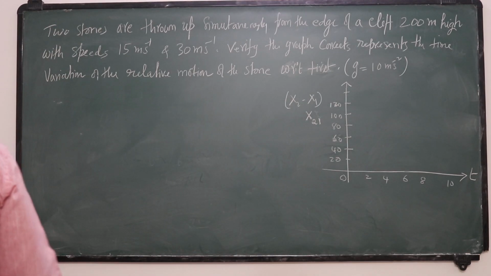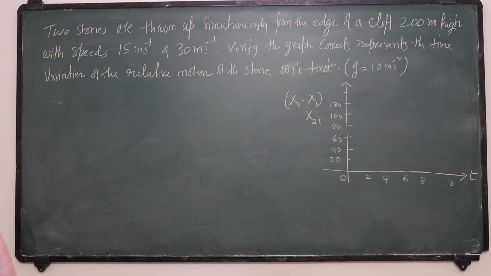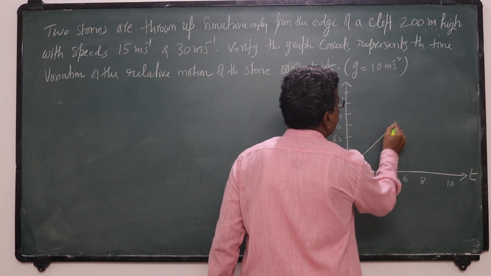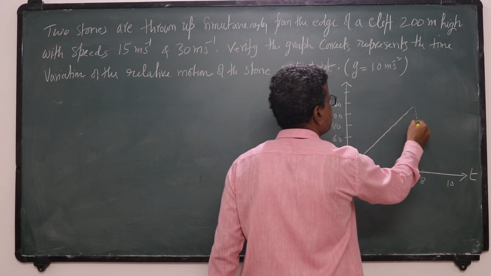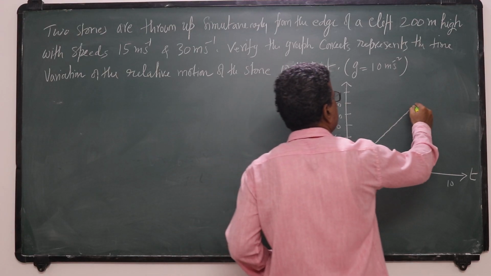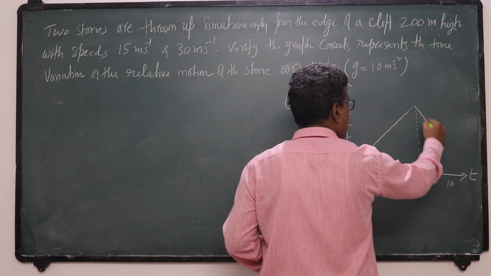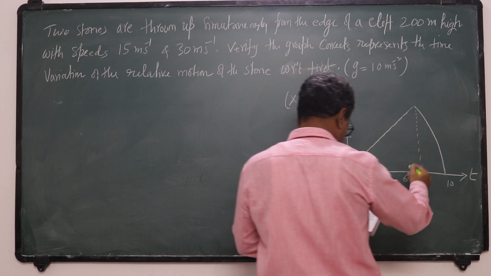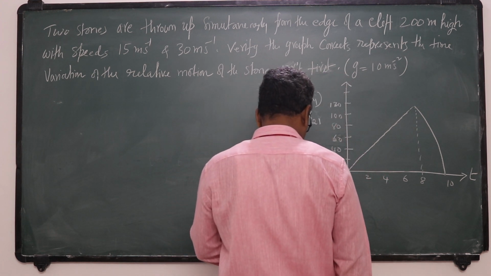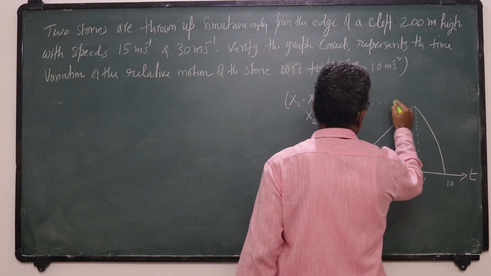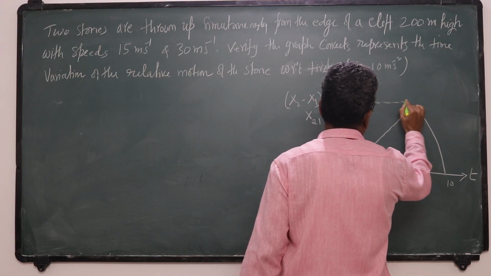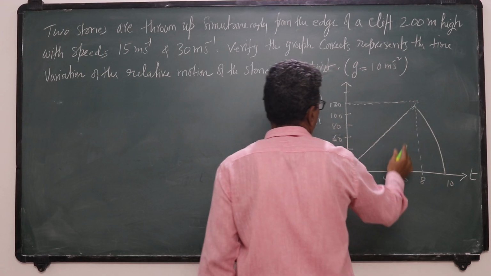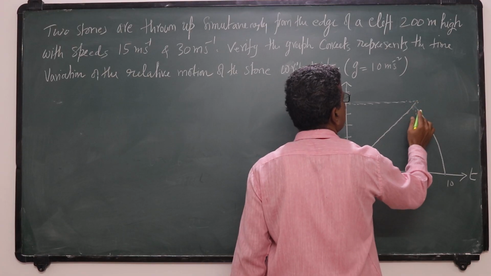We have to verify these graphs. This graph is given. The graph is a straight line up to 8 seconds. Then it is a curve like this between 8 and 10 seconds. So this height is 120 here, so up to 120 meters it extends.